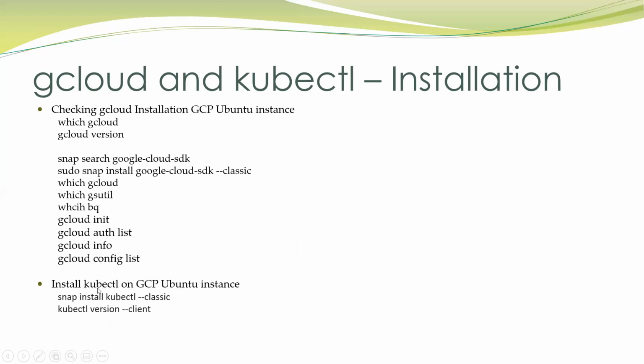After that, we need to install kubectl using the snap command, and we can install it directly in two lines. So let's start the demo, and first we need to create one VM instance where we will install Jenkins and all those steps.